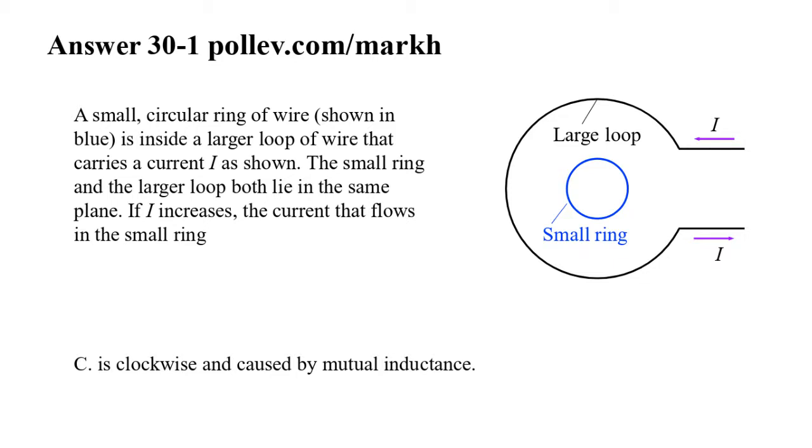So if you take your right hand, flip it round, so your thumb's pointing into the screen, then your fingers will tell you which direction the current is going in that small ring. You can see that your fingers are going round clockwise. So what we're looking for here is a clockwise induced current caused by mutual inductance.